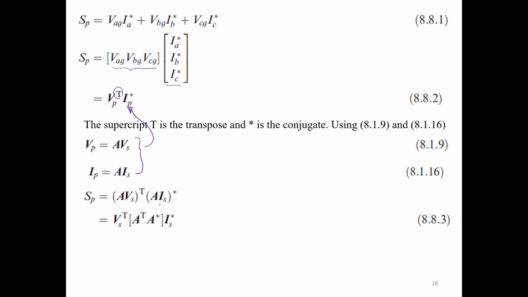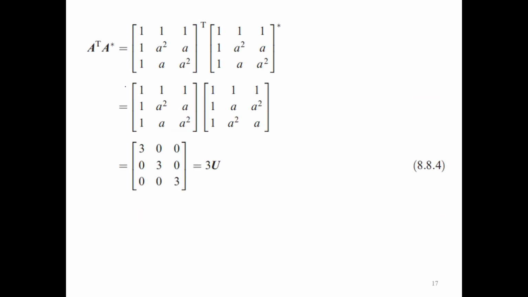Now, since the matrices are in multiplication, you can relocate the matrix. Now you relocate this to put A transpose with the A conjugate. So you have to see the property of this: A transpose times A conjugate. The people have done this for you already.